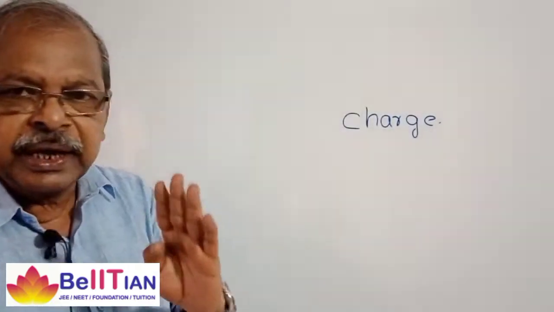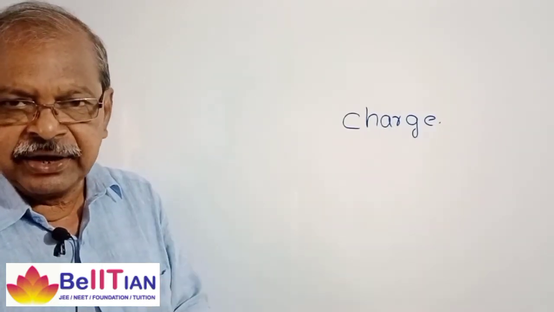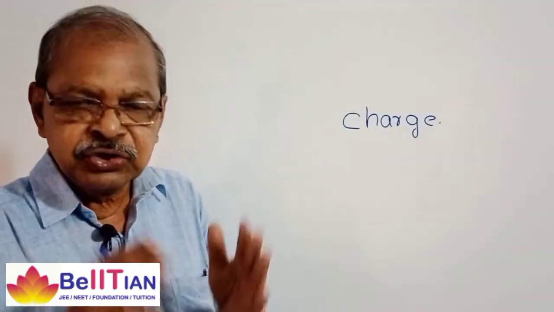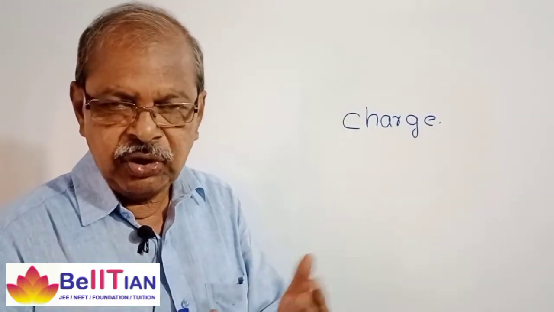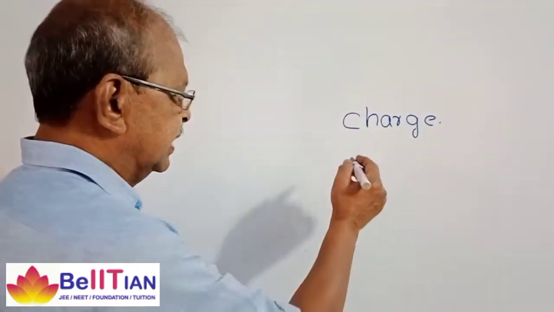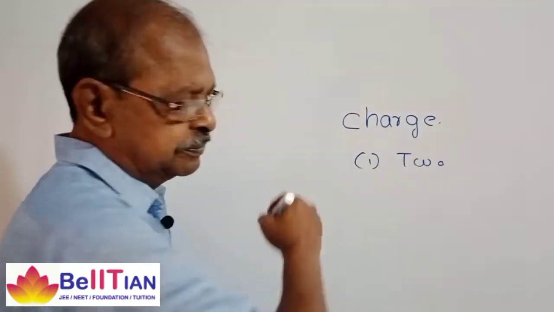So there are two types of charges. The charge associated with a proton we call as positive charge, and the charge associated with an electron we call as a negative charge. So the first property of the charge is there are two types of charges.